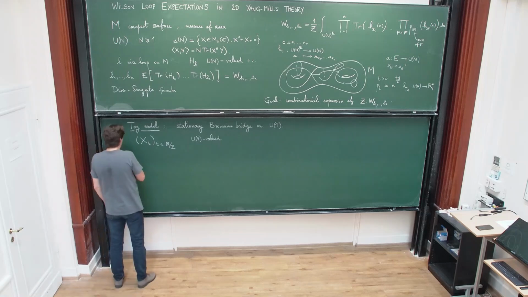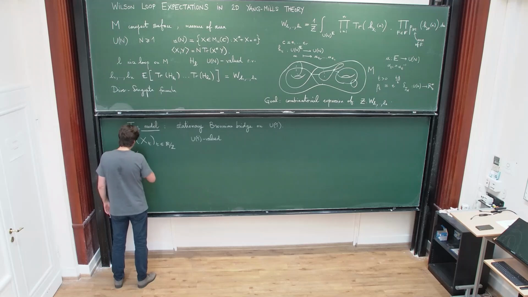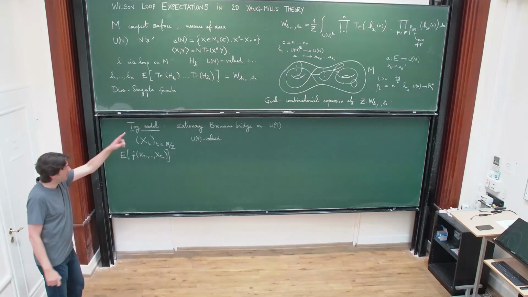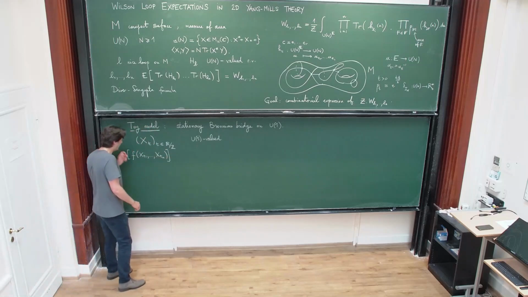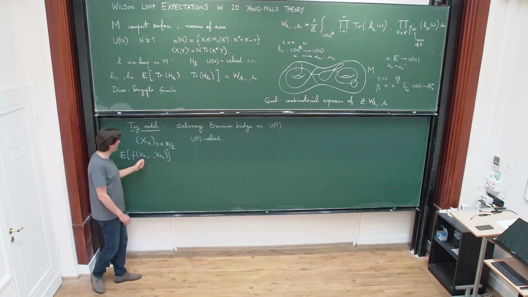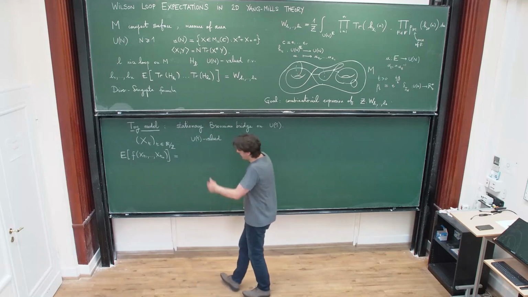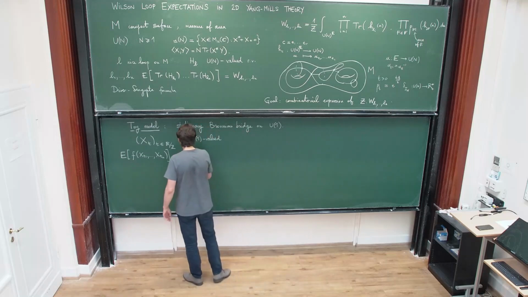Let me write a concrete expression for this, and I hope that the analogy with the Yang-Mills case will be clear. I take any test function f, I take times t_1, ..., t_n, and the expectation of this is 1 over Z, a certain normalization constant.